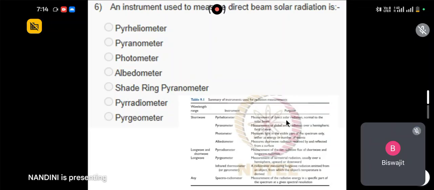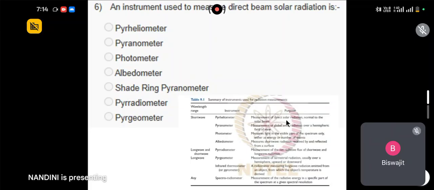Shade ring pyranometer gives you diffused solar radiation, not direct solar radiation. And the pyranometer gives you global solar radiation. Shade ring is diffused solar radiation. It doesn't receive direct solar radiation.